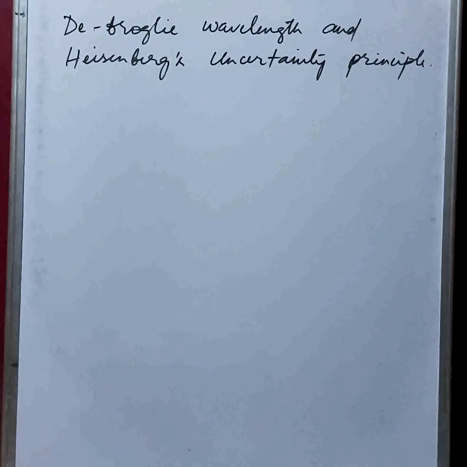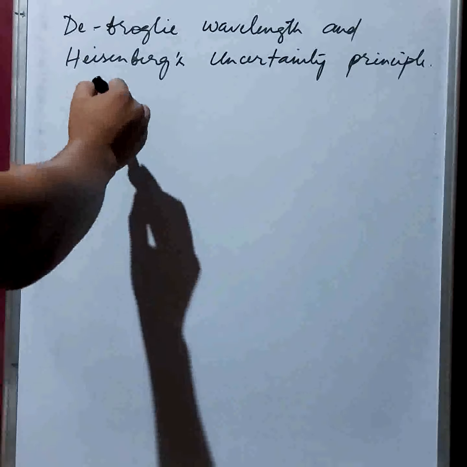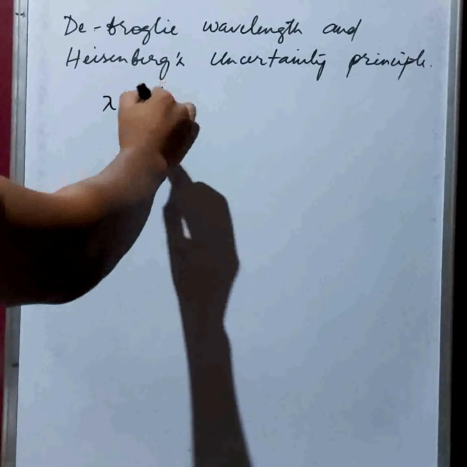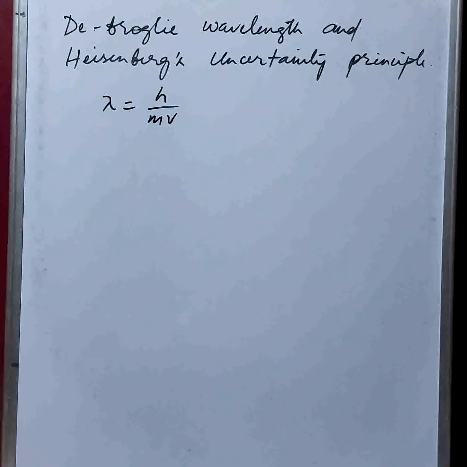This new theory was called the wave mechanical theory of matter. According to this theory, electrons, protons, and even atoms, when in motion, possess wave properties. According to de Broglie, the wavelength associated with a particle of mass m moving with a velocity v is given by the relation lambda is equal to h over mv. h is Planck's constant, m is the mass of the particle.